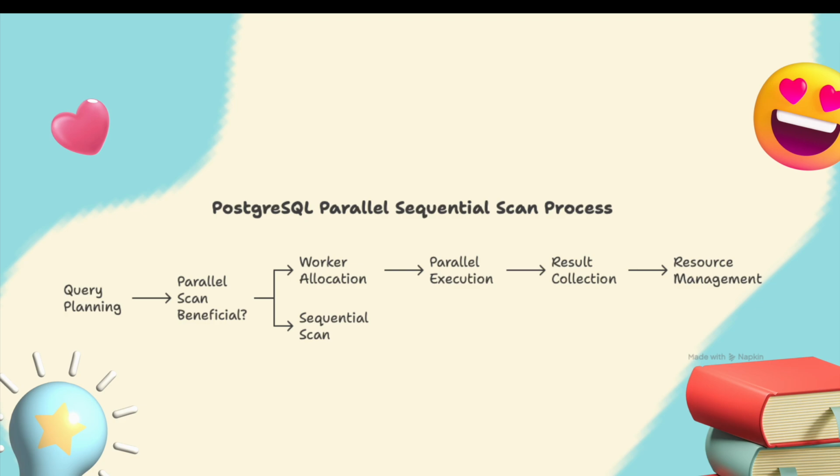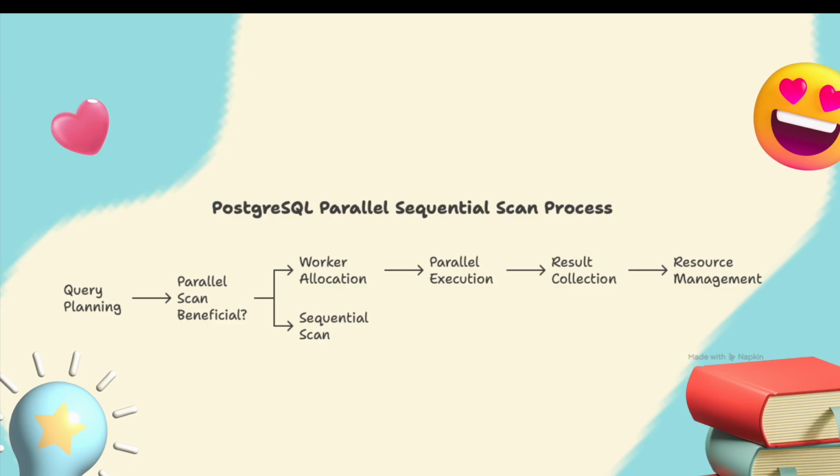The next step is result collection. The leader collects and merges the results from all workers. For aggregation, workers perform partial aggregates and the leader finalizes them. Resource management: so far we know that the CPU has assigned the worker processes, but we need to know how it maintains resource management.